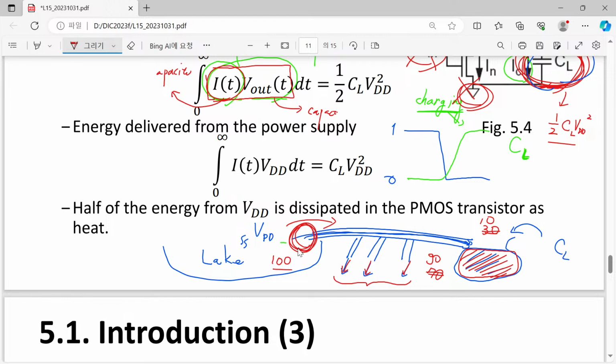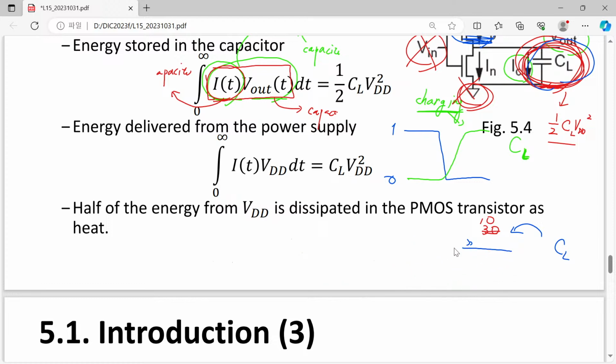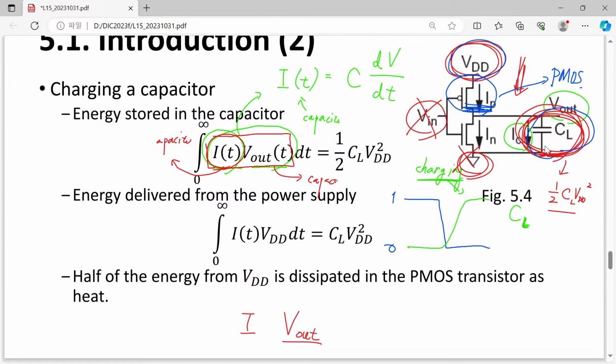So now we wanted to calculate the power spent by this lake, or spent by our VDD. In terms of our VDD, how can you calculate the entire energy spent by our power supply VDD? Still, we must calculate I times V. However, previously we just considered the output voltage because we were interested in the energy stored at this point.